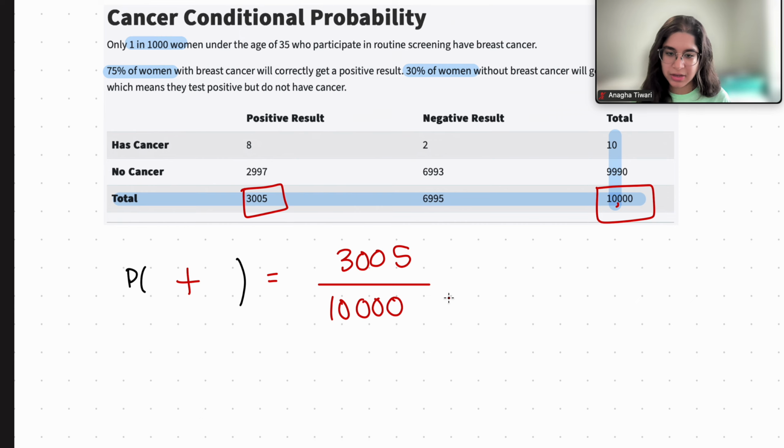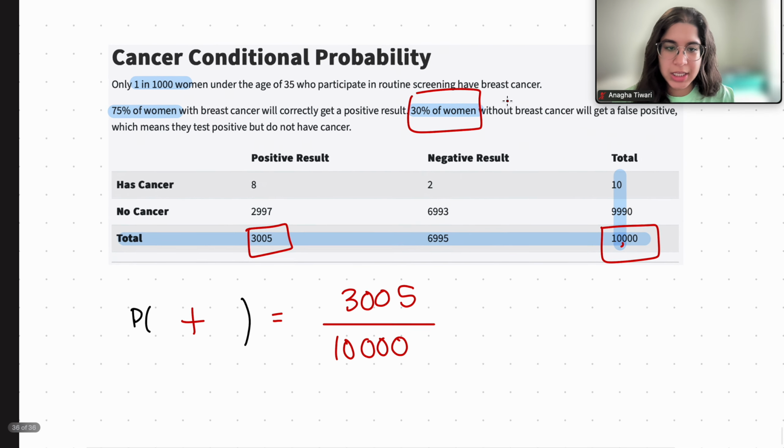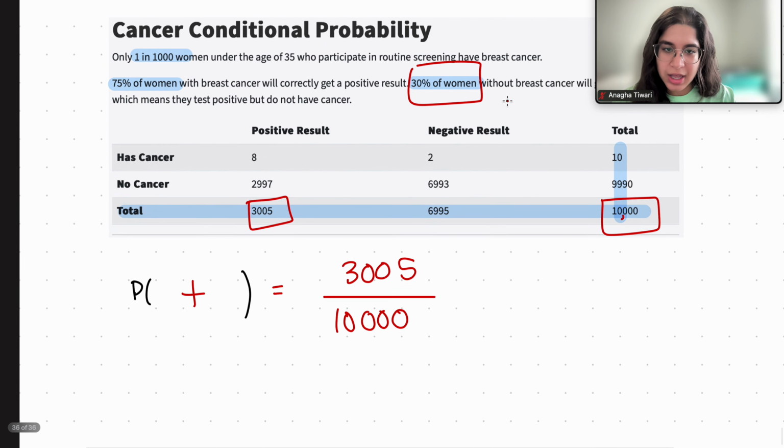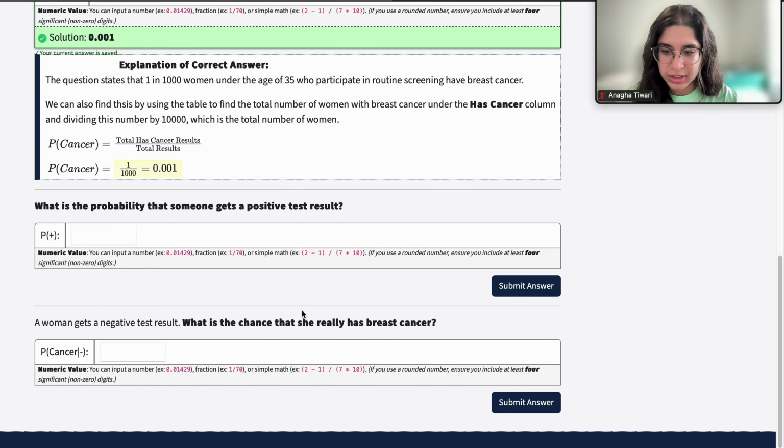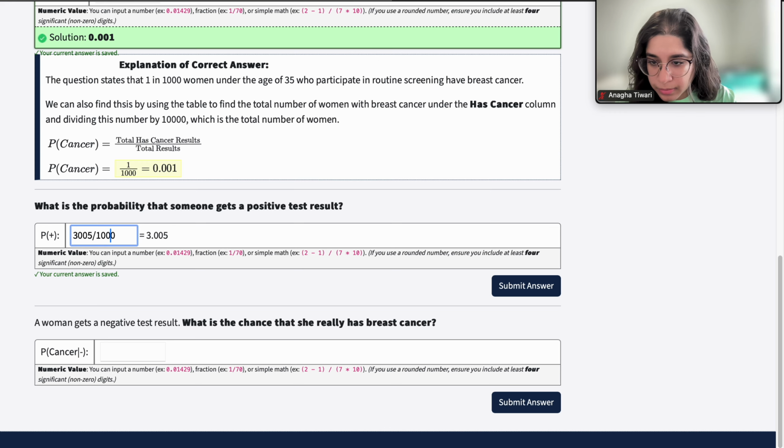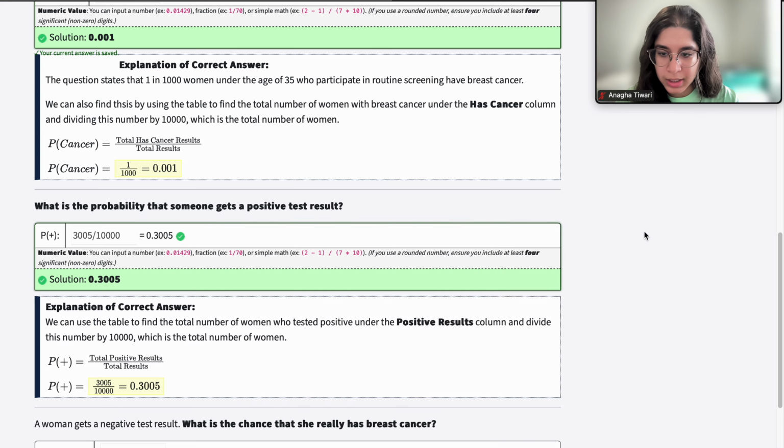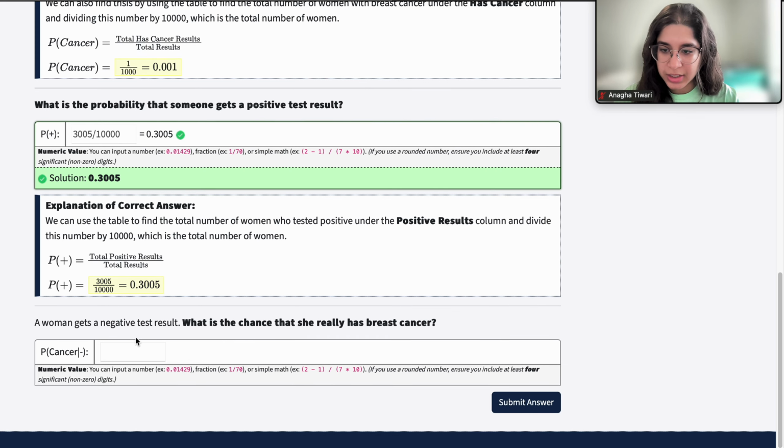So that's approximately 30%, and it kind of tells you in the question here, 30% of women without breast cancer will get a false positive. That also relates to the question. So here it's just 3,005 out of 10,000 will get a positive result. And that's correct.